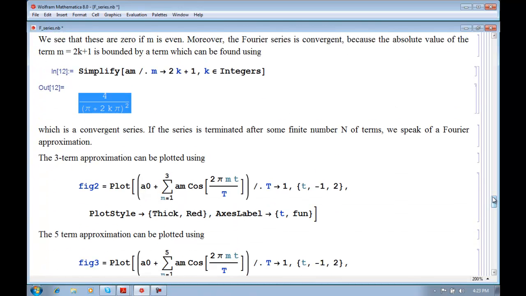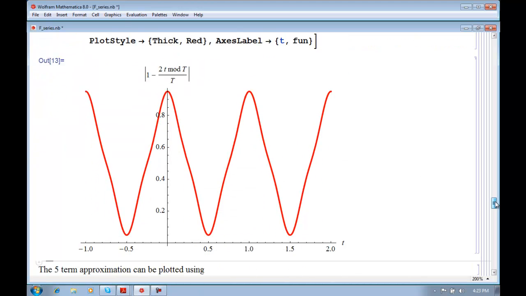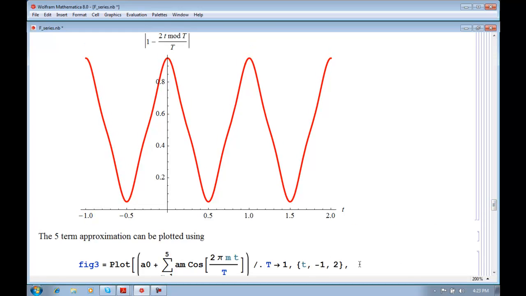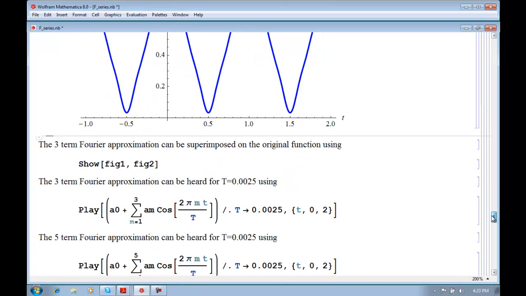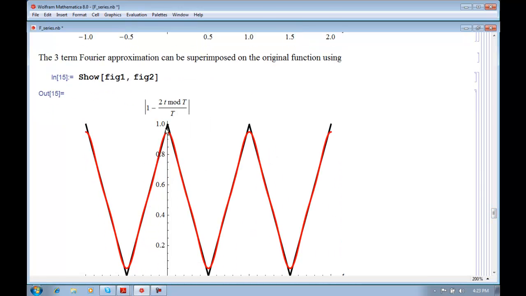So let's see how convergent it is. Let's take 3 terms in the series and plot the function. We can see that that looks kind of like the original function. If we do it for 5 terms, then we get that, and we can see that it looks even better. If we superimpose the 3-term approximation on the original one, we can see the fit is kind of good. There's just a little bit of missing stuff here.